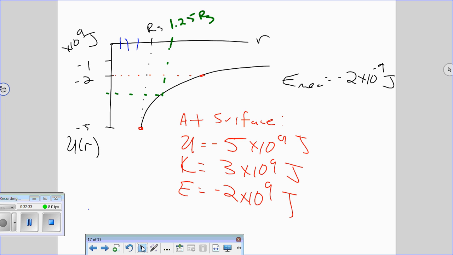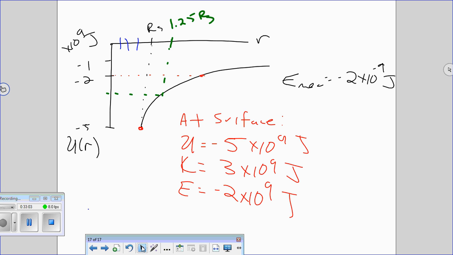Wasn't it for circular orbits that the kinetic energy is the opposite of the total energy? Yes. Is it just a coincidence that the kinetic is 3 and the total is -2? It says the answer is 2 times 10 to the 9th though? Oh, I gotcha. Yes, that's just a weird coincidence. Yeah, that's a total coincidence.